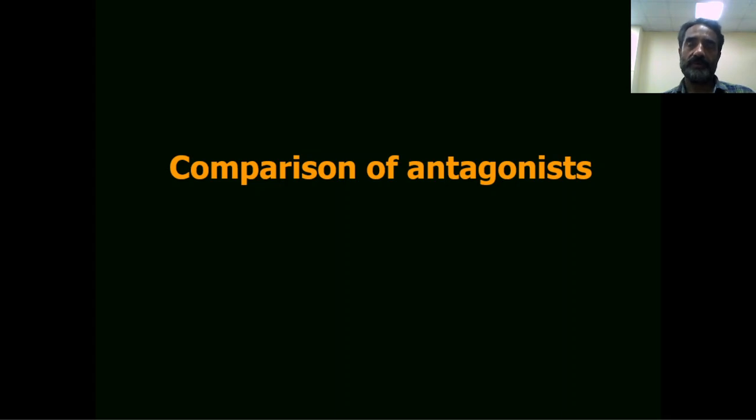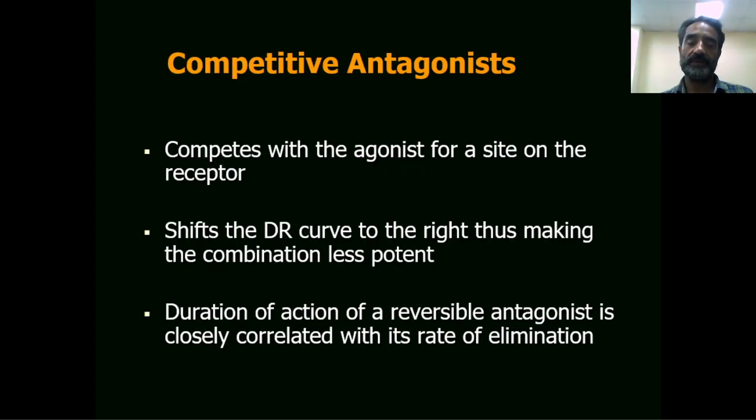Now, we have been comparing potency and efficacy of drug A, drug B and drug C. This is the comparison of the agonists. We can compare antagonists for a receptor as well, by using the dose response curve.